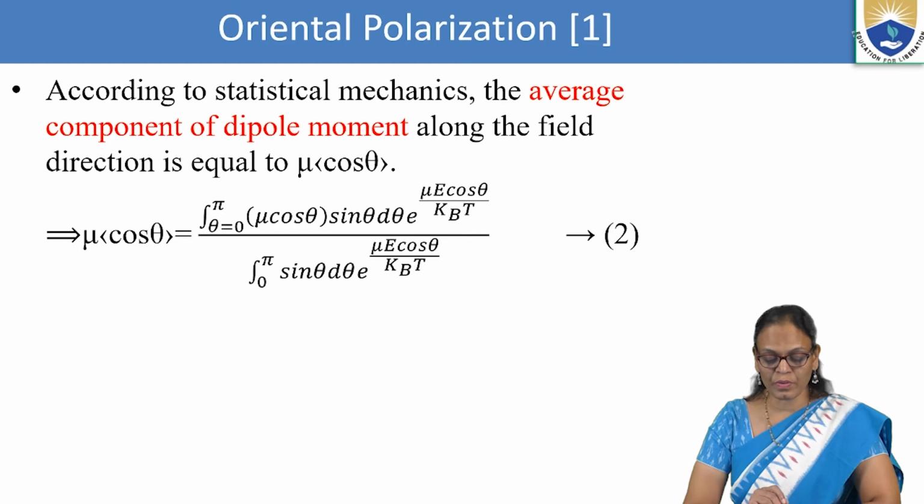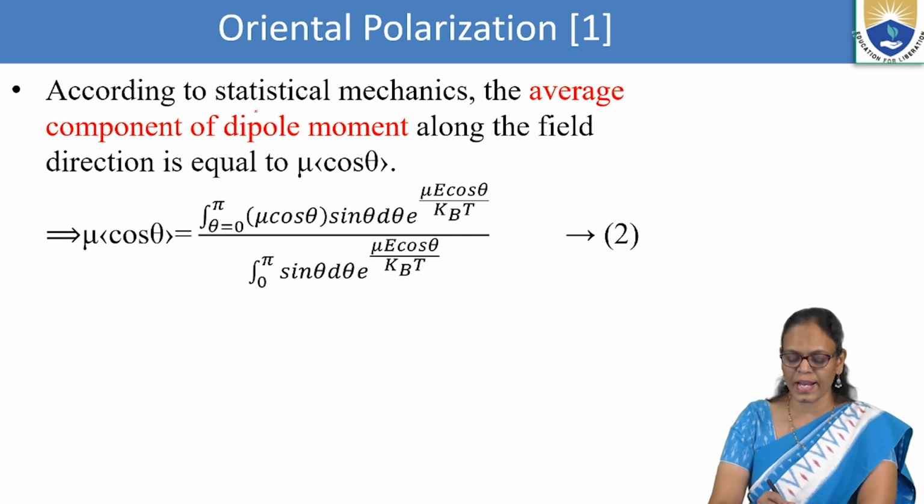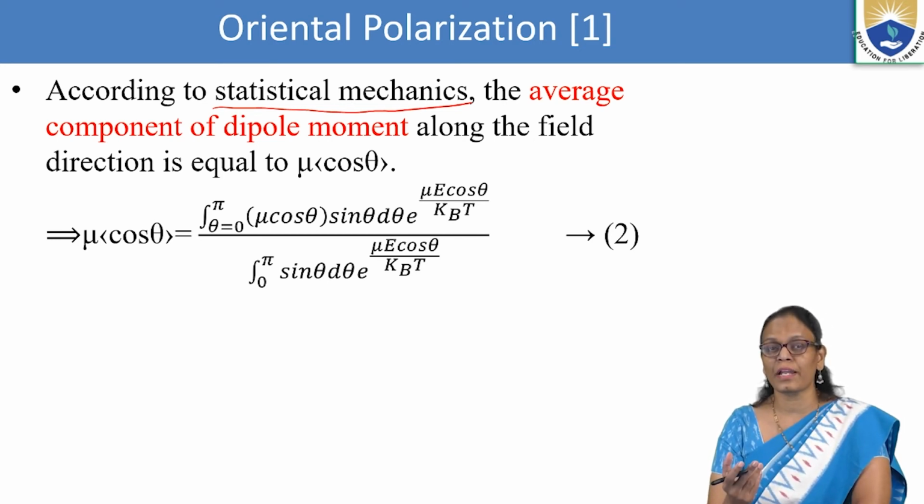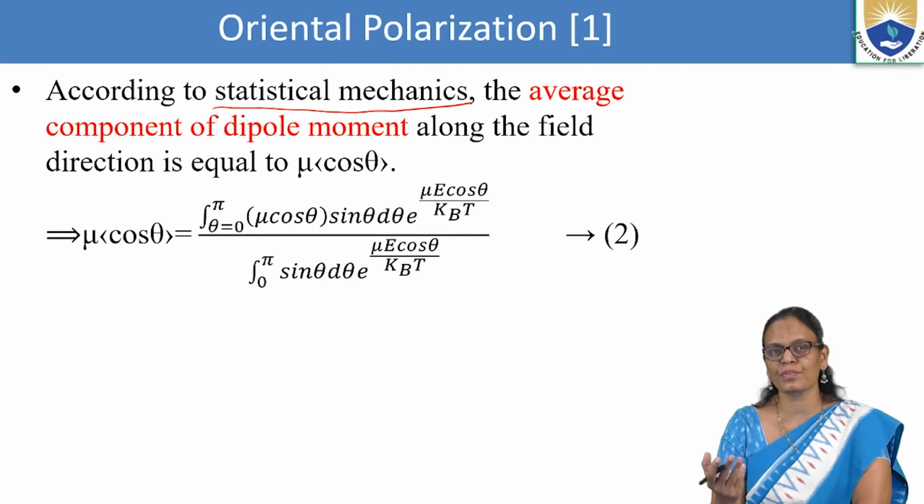So how we are going to derive is according to the statistical mechanics. Why we follow statistical mechanics? Because there are large number of dipoles. When you are talking about an Avogadro number, it is 6.023 into 10 to the power of 23 molecules. So we have to consider the dipole moment of all the molecules.